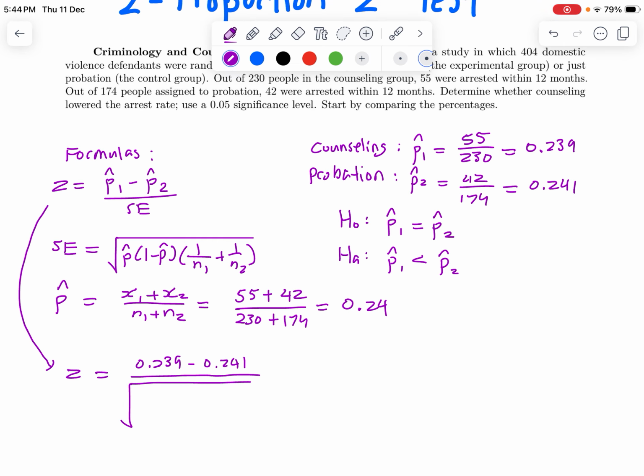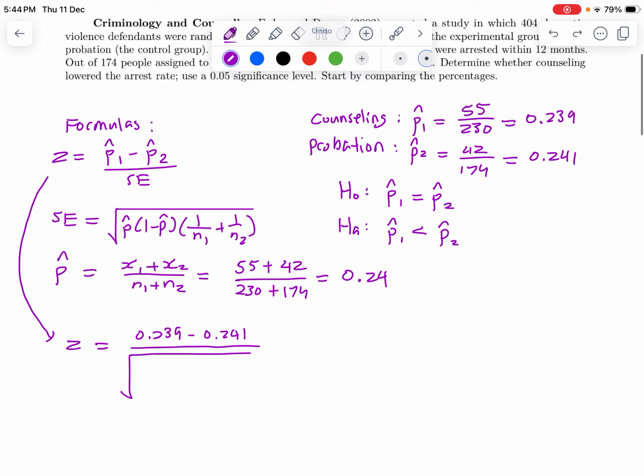In this case, it's the pooled sample proportion, 0.24 times 1 minus 0.24, which is 0.76, times 1 over 230 plus 1 over 174. If you put all this in the calculator, you should get negative 0.047.